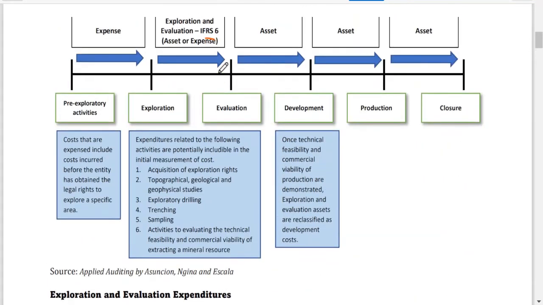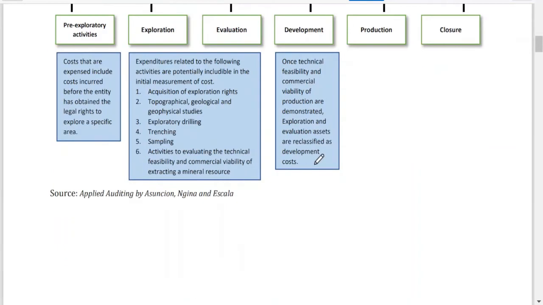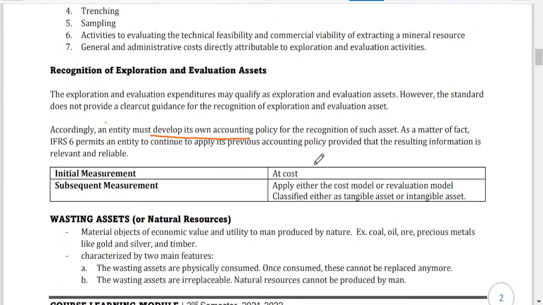That's why the entity can classify the exploration and evaluation expenditures as either an asset or an expense. In making the judgment, an entity considers the degree to which the expenditure can be associated with finding specific mineral resources. So let's proceed to the wasting assets.